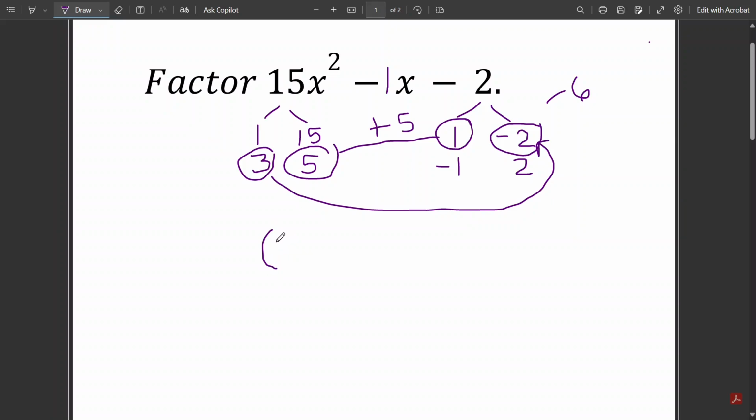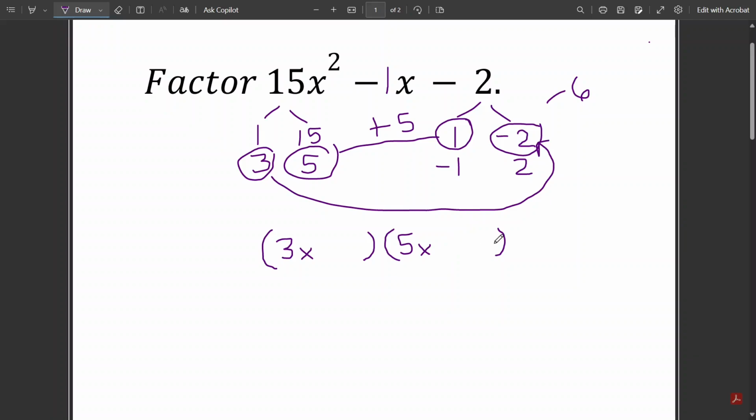So the 3 and the 5 are going to be my coefficients in front of x. So I'll start with 3x in one parentheses and then 5x in the other parentheses. Okay, and then I've got to think. I want to multiply the 5 by the 1.